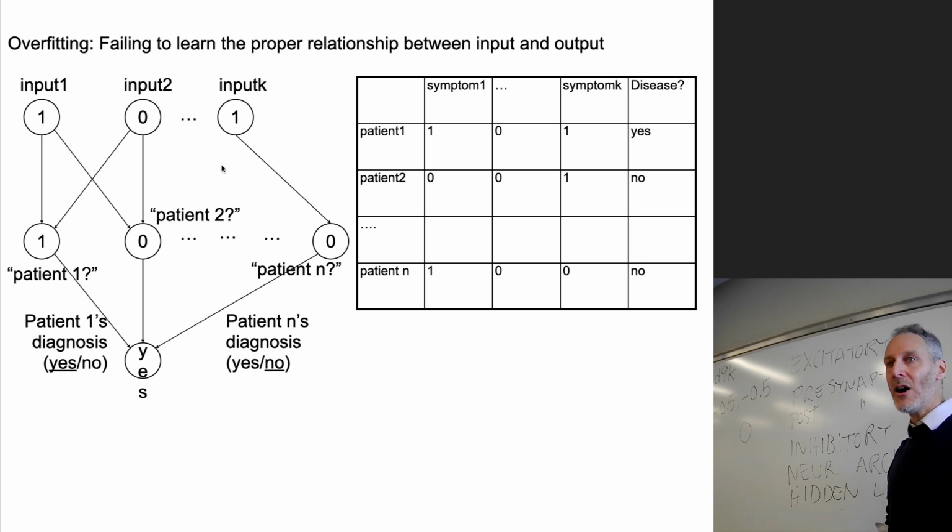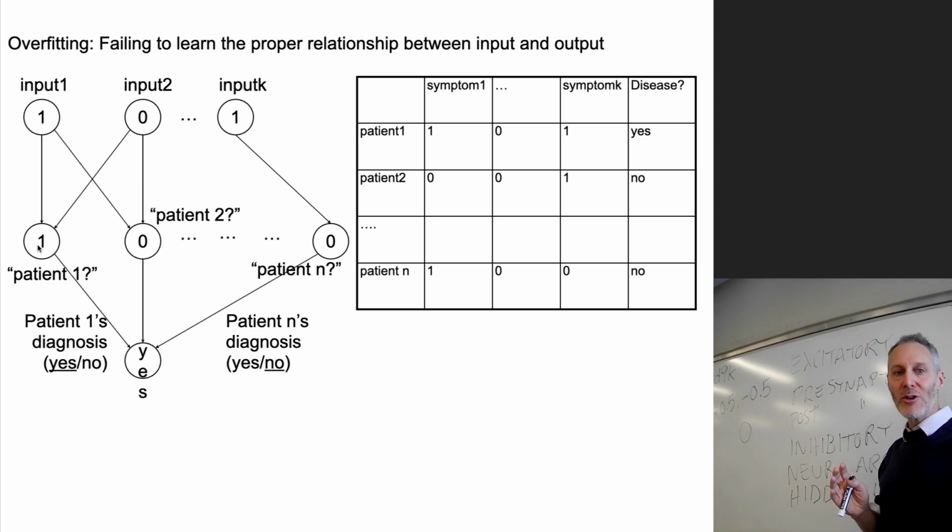Whatever the weights are among these synapses, backprop sets them so that this neuron only lights up when the specific combinations of symptoms indicated by patient 1 show up. So this neuron starts to specialize for patient 1. Doesn't know anything about the disease.